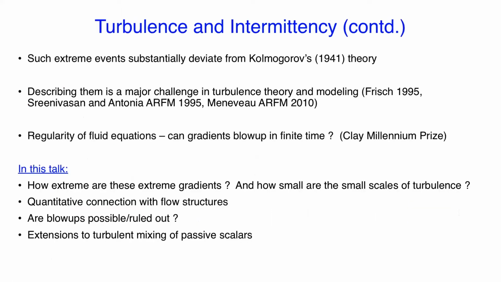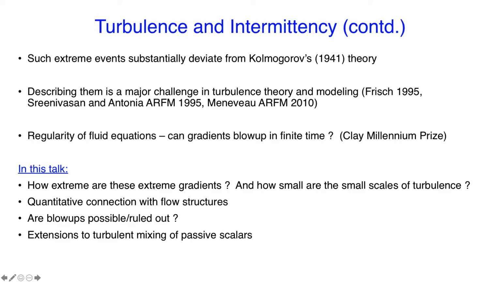Also known for quite a long time is that these extreme gradients lead to substantial deviations from Kolmogorov's 1941 theory, which is basically a mean field description. And since then, there have been many large deviation theories to describe these extreme events. Understanding them is at the heart of turbulence theory and modeling, as noted in many of these review articles.